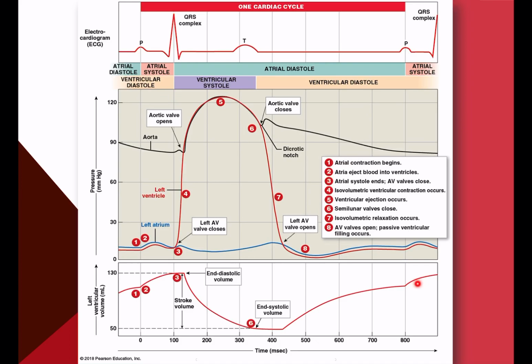Okay, now feel free to try to draw these yourself, or draw what I drew, with the blood volume and the heart chambers, all that stuff. Then that's when you really understand this whole cardiac cycle.